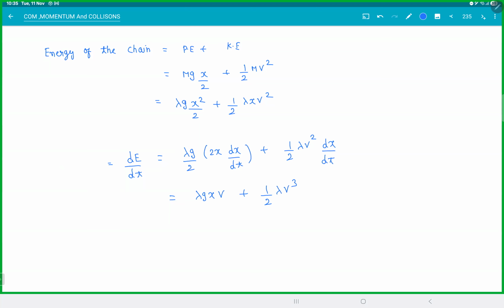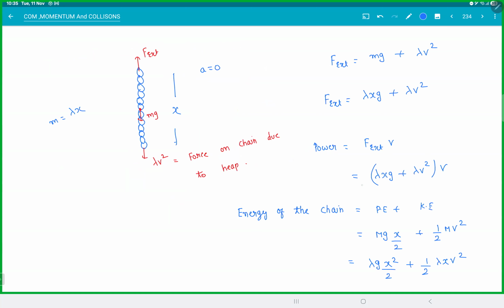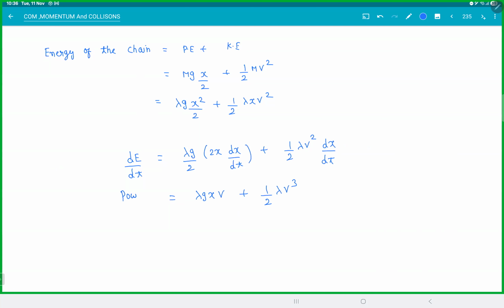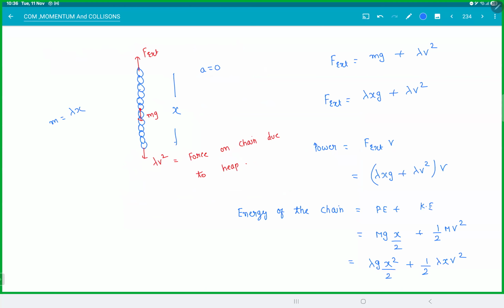If you observe something here, you don't get the same answer. You get a difference of half. So this is the power present in the chain. Basically, this is the power the chain is getting. Whereas the external force is giving you lambda gxv plus lambda v cube.